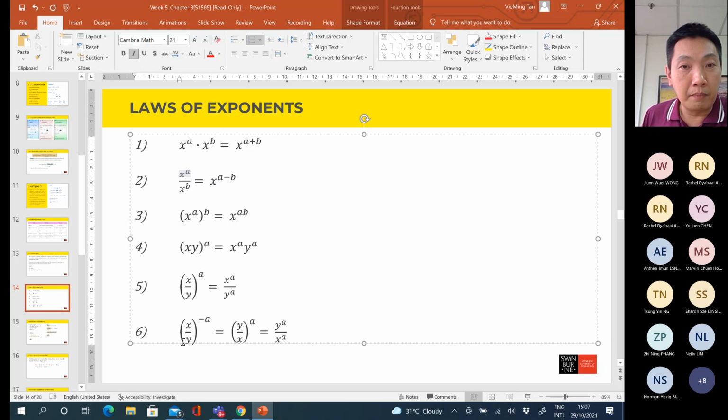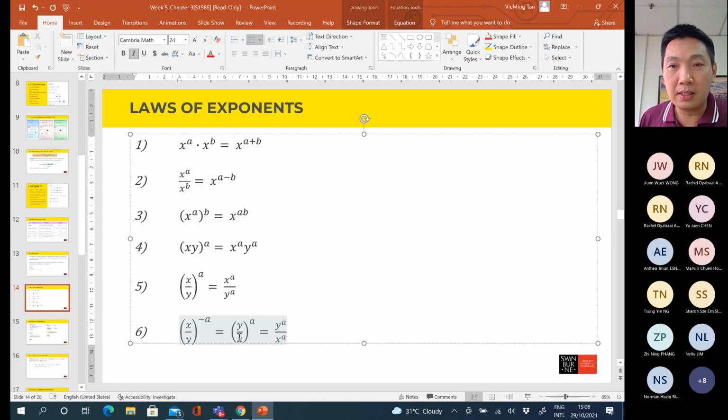Rule number 6: what happens if a power number is negative? If you want to change it to positive, you can just reverse the x and y positions, and then the power number becomes positive a. Like this. I can also use another method.